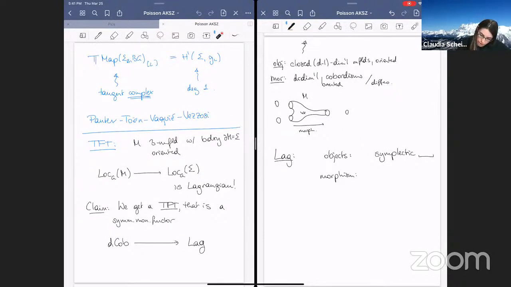So here I can take my M with a sigma in and then sigma out. And then what's my structure? I have G local systems on M, and I can forget down to G local systems on sigma in, and I can forget down to G local systems on sigma out. So this is a correspondence. But the fact that here we had Lagrangians translates over on this side to having a Lagrangian correspondence.